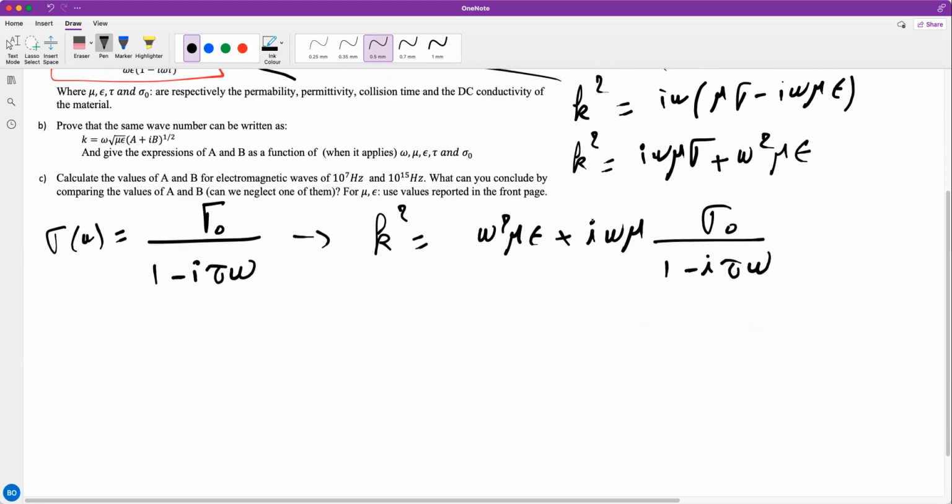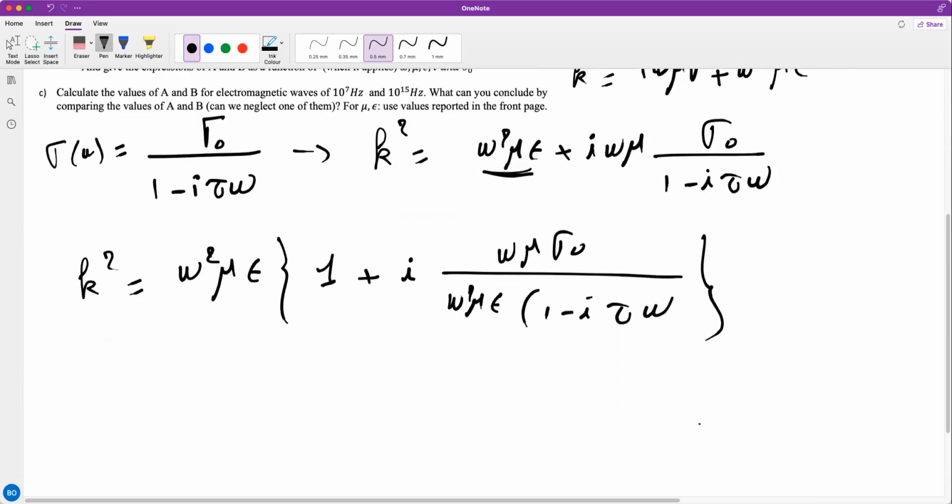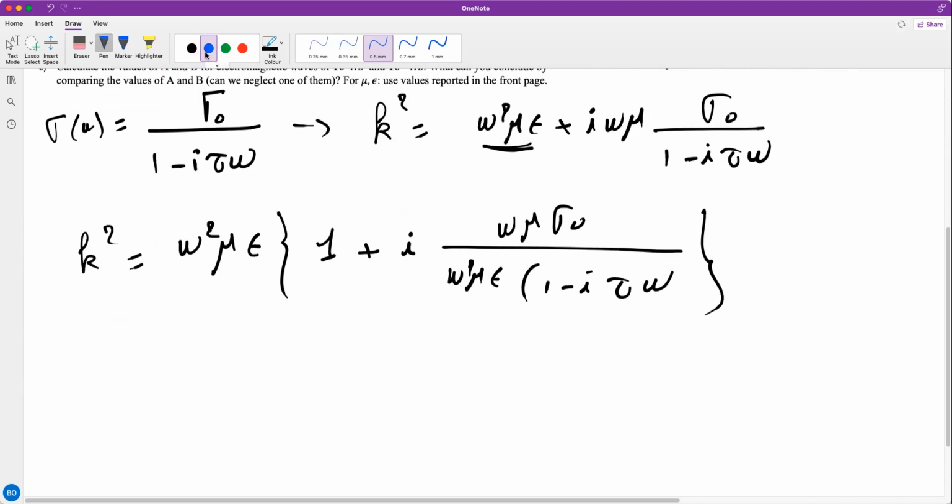Are you following? So K squared is equal, what I will do, I will put this in common. So it's omega squared mu epsilon, and then 1 plus I omega mu sigma 0 over omega squared mu epsilon 1 minus tau omega. Right? Are you following? Yes, Professor.